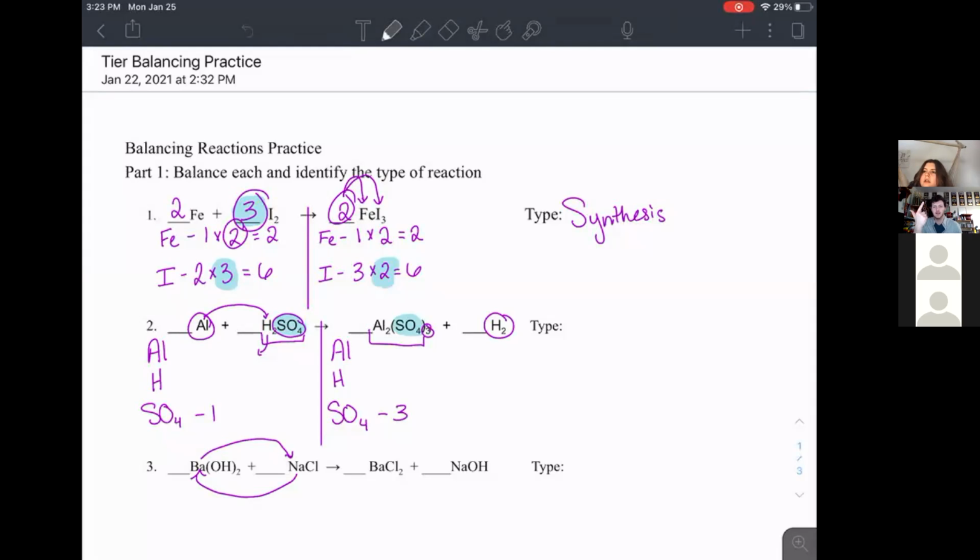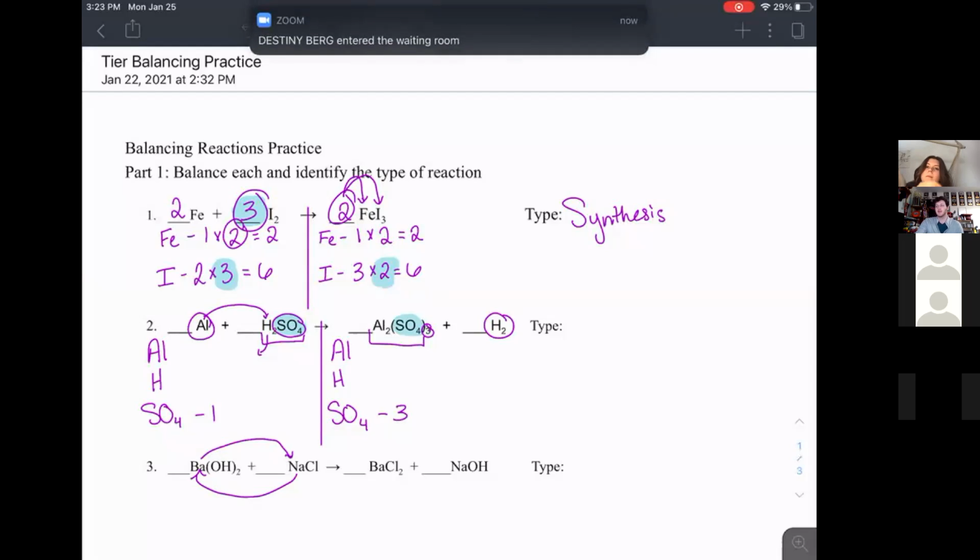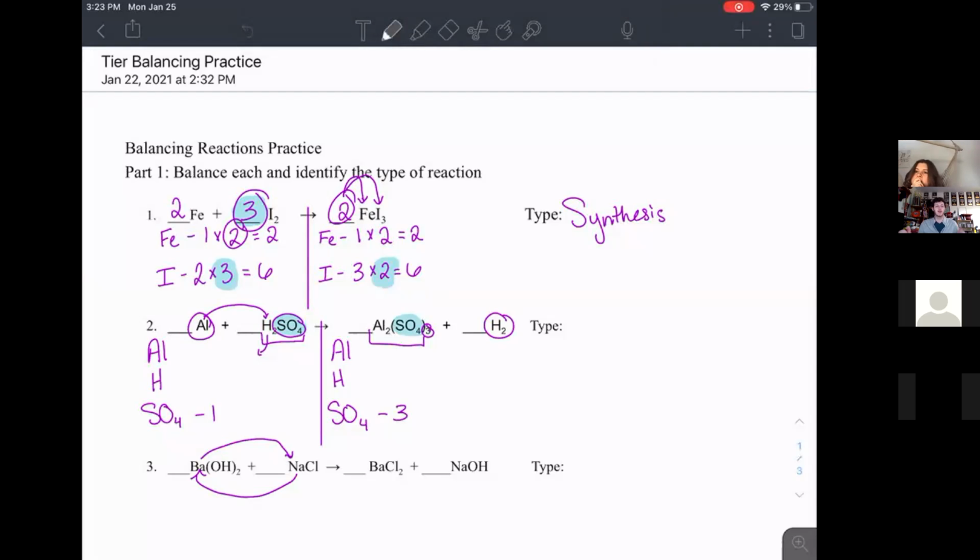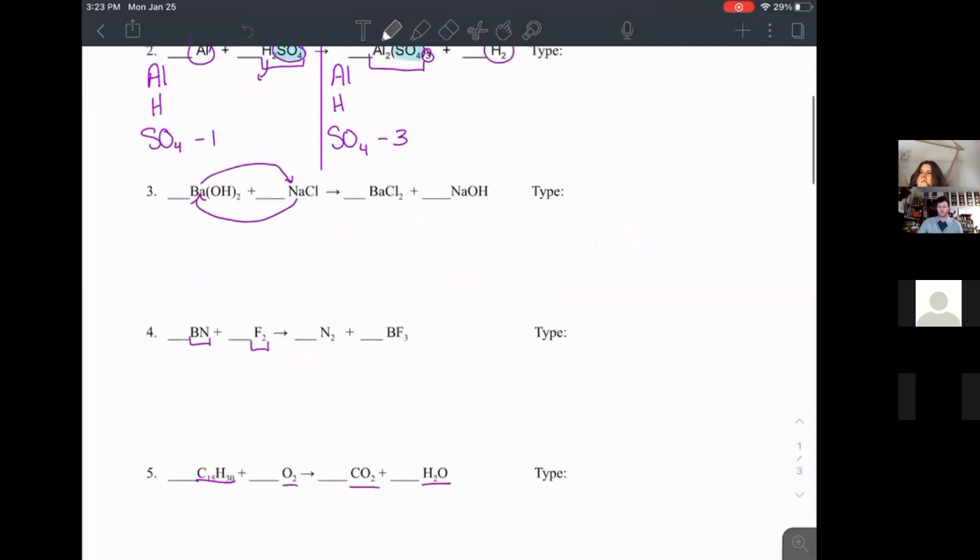Combustion, wonderful. Double replacement, decomposition. Good. One more. Single replacement. Single replacement, awesome. So if we don't remember what those are, make sure we are either looking it up from last week or from our notes from a few weeks ago, or we can ask, just let me know.